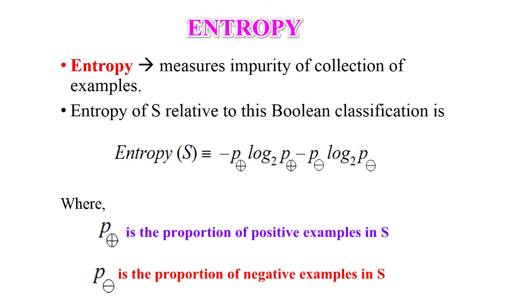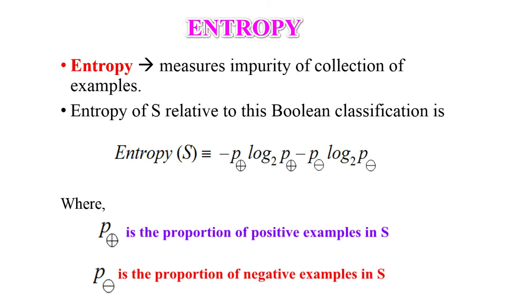Given a collection S containing positive and negative examples of some target concept, the entropy of the collection S relative to this Boolean classification is written as Entropy(S) = minus probability of positive sample log to the base 2 probability of positive sample minus probability of negative sample log to the base 2 probability of negative sample.